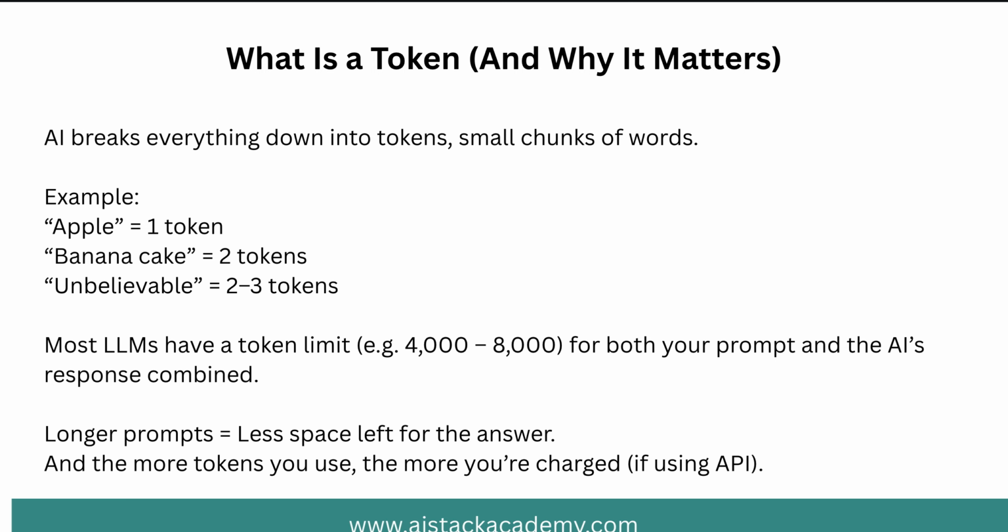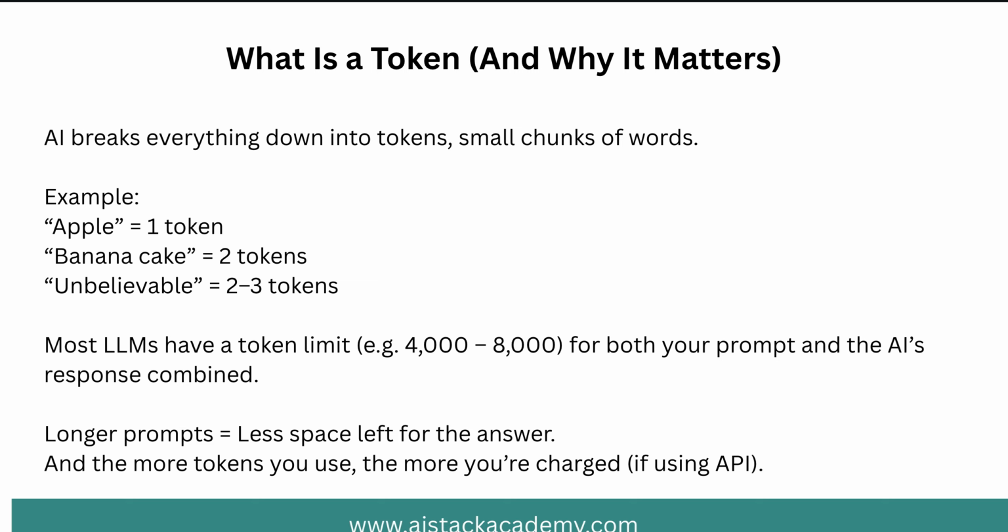AI breaks everything down into tokens. Your models break everything down into tokens, and tokens are like small chunks of words. A token is how the AI reads your prompt. It splits everything into pieces. So when you send a prompt to a model, the AI doesn't just see sentences. It sees tokens, small pieces of your words.